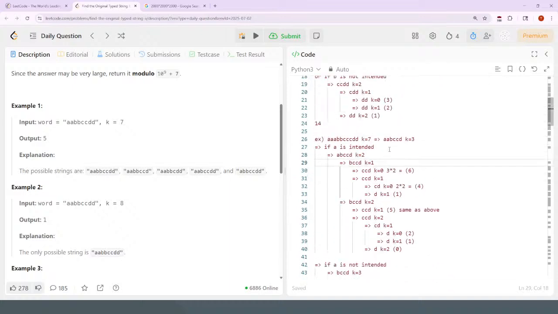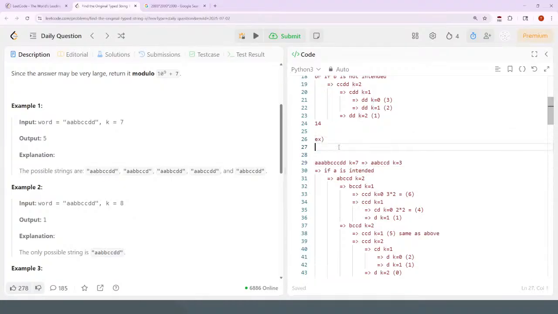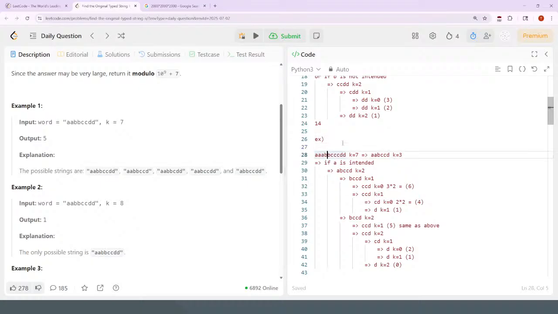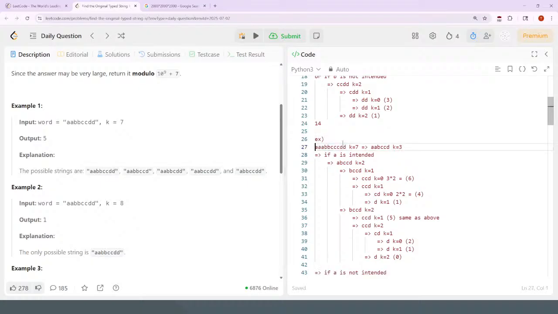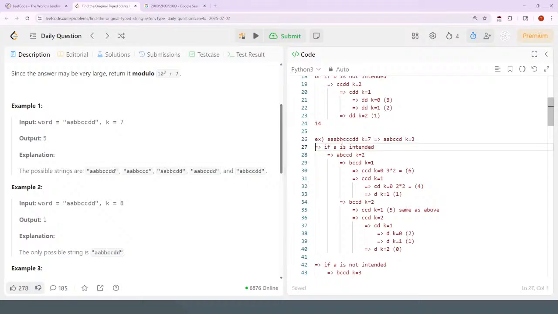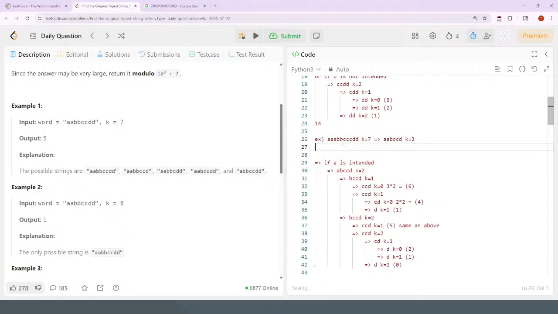Yes, the letters don't matter, it's just the size of the buckets and the frequencies. So I can reformulate this to be like 3, 2, 3, 2, K7.